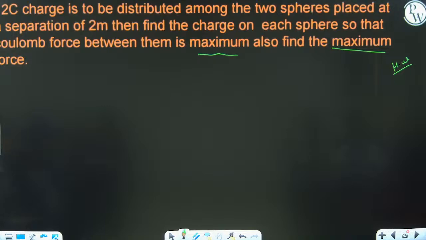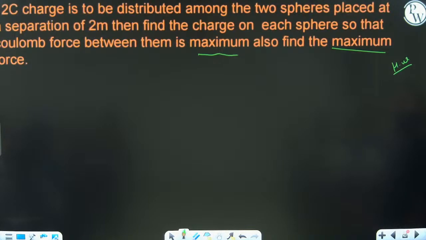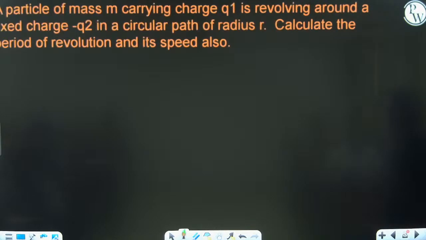Anyone has the name Krishna here? He also has the name Krishna. Okay, don't worry, it doesn't matter, beta. Names are just names. Why are we worried about the names?